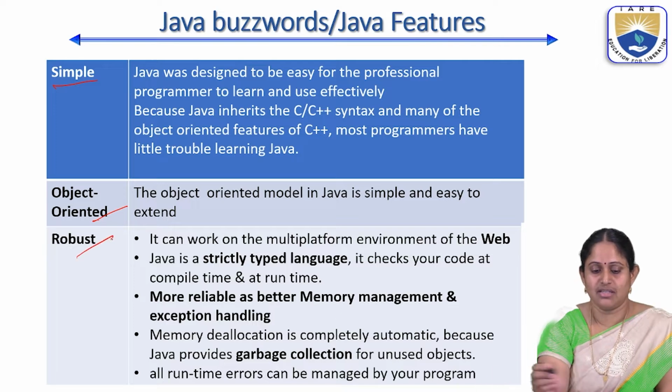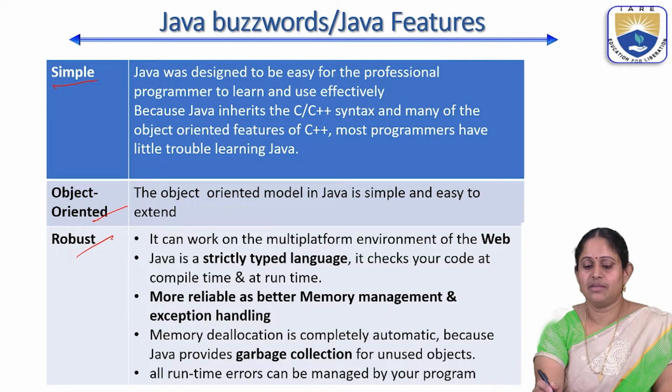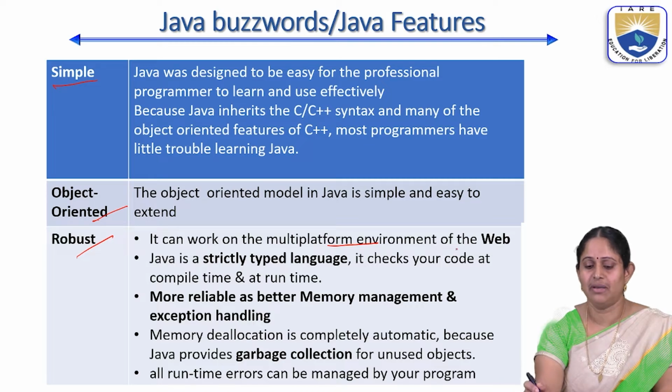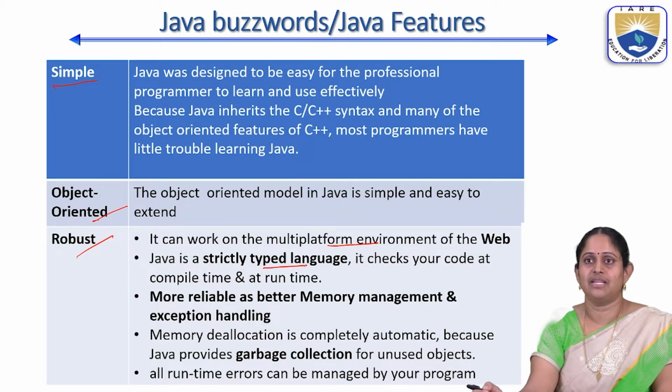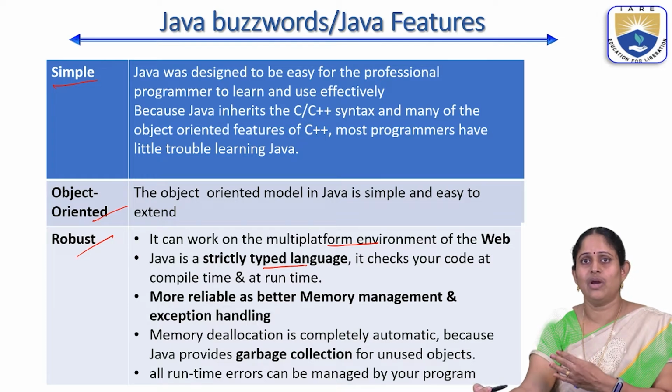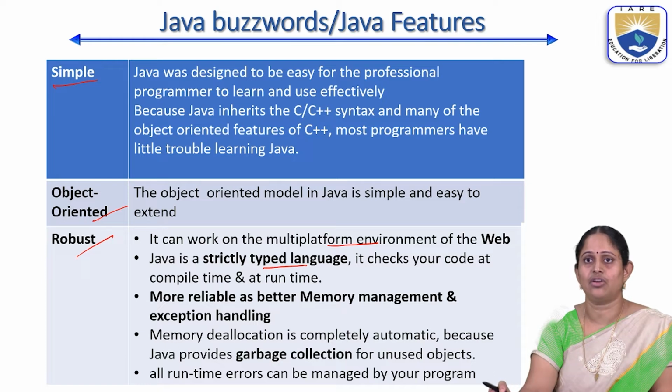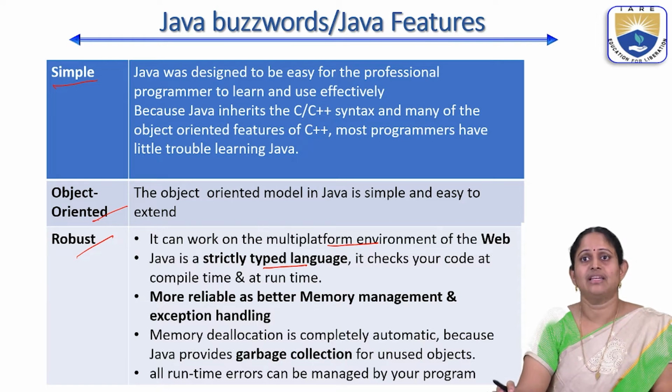It is robust. It is robust because it provides a multi-platform environment for the web. It is a strictly typed language, meaning that you have to declare a variable whenever it is being used, and it will check your code at compile time and runtime.